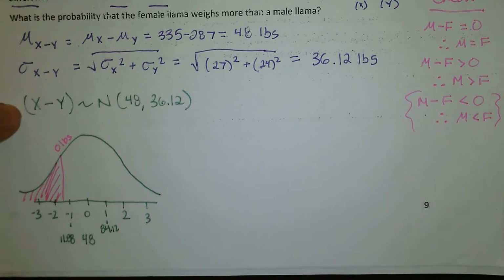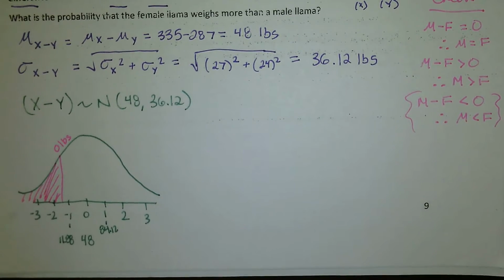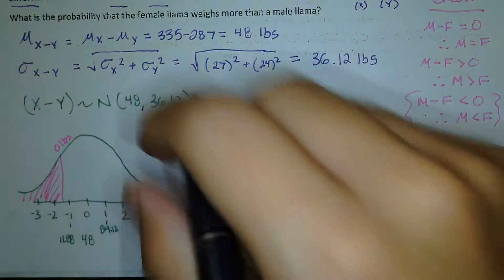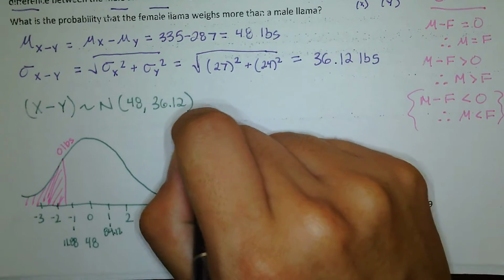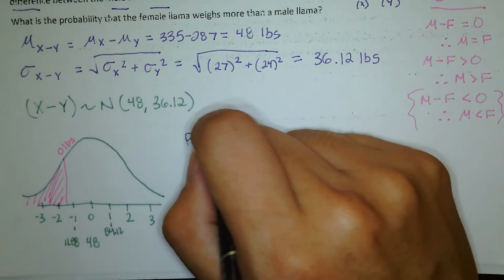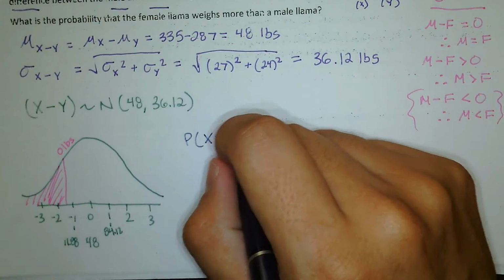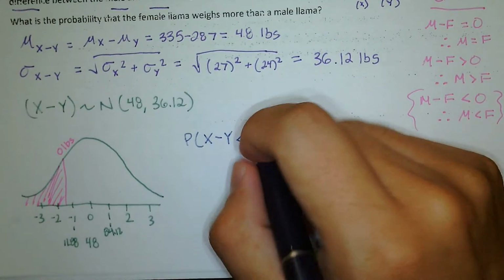So I've got my parameters, I've got a picture, and now I can actually find the probability of this event happening. So I want the probability that an observation, the difference here, is less than 0.